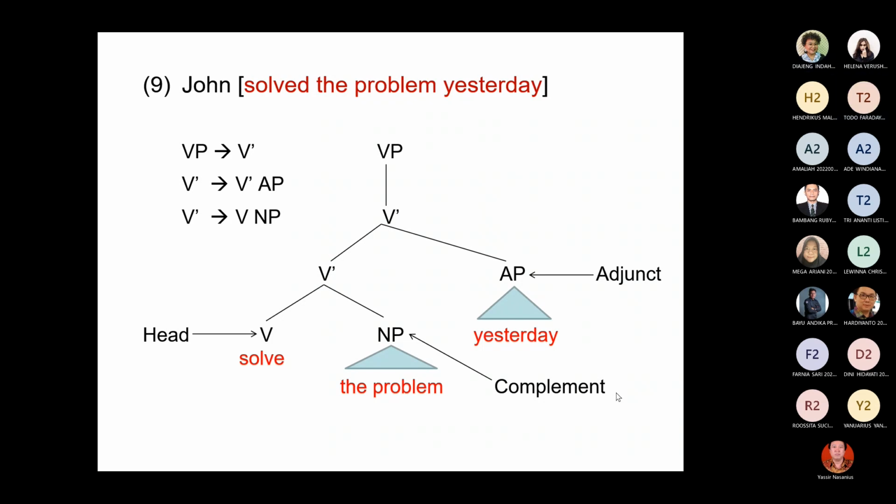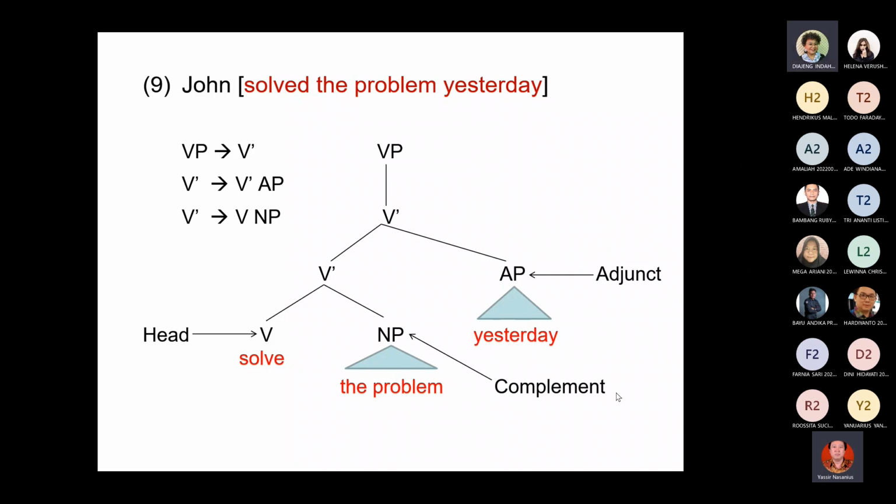But why? That's the theory. Why can't we just go from VP to V bar and then AP? No, because it is not a matter of practicality.